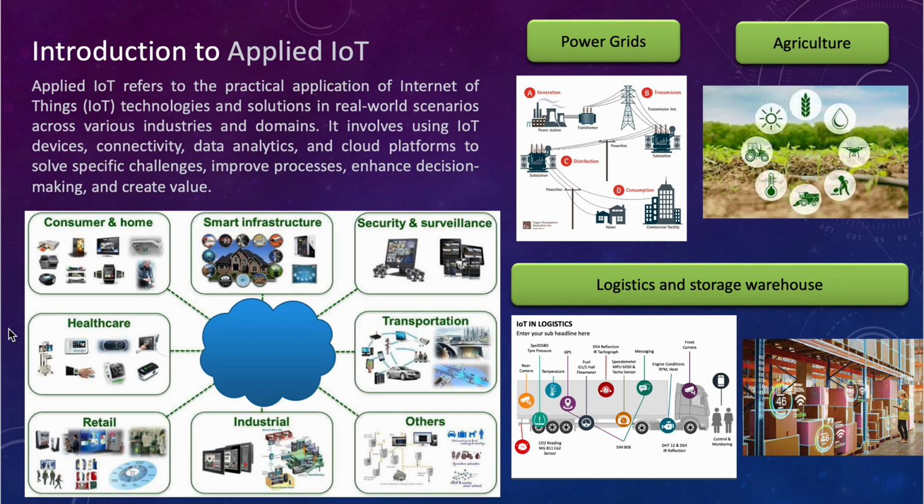If you have mass scale distribution, if you take something like Cargills or Keels, they have to keep an eye on a lot of products moving around the country. That means they have to keep tags on each product, right? It cannot be managed from a centralized location alone. We will talk about that in logistics and warehouses.